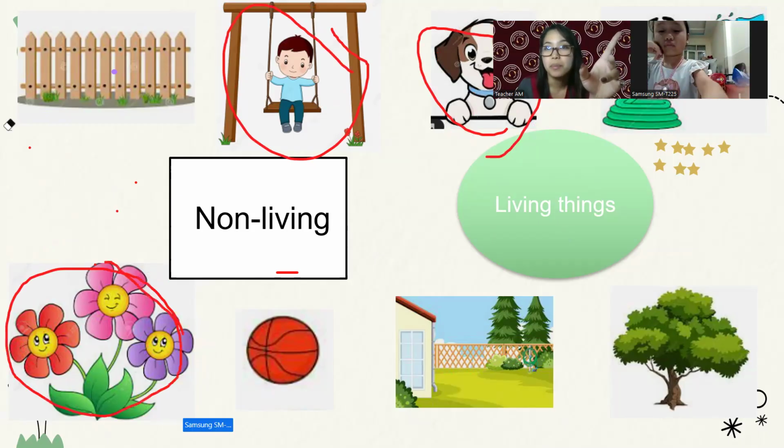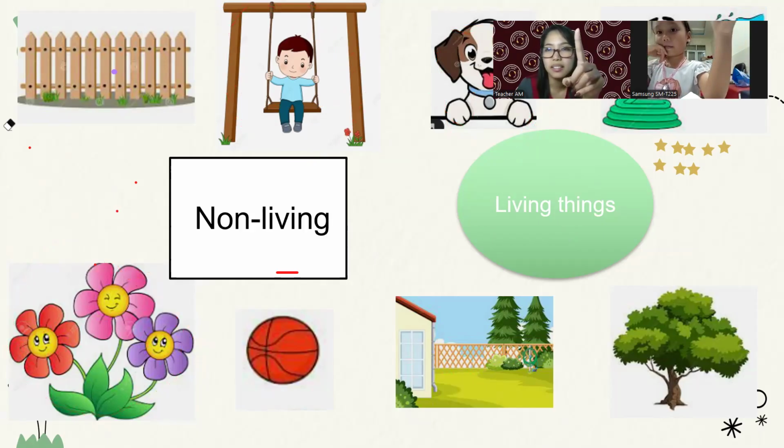For example, my mom is considered a living thing. People, what else? My cat, dog, and animals, fish, and flowers.